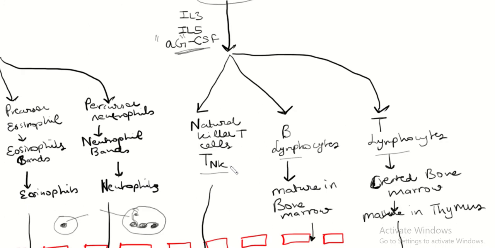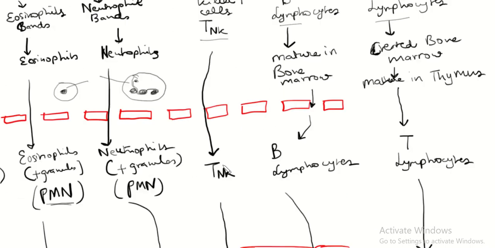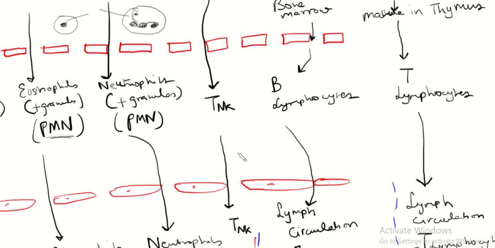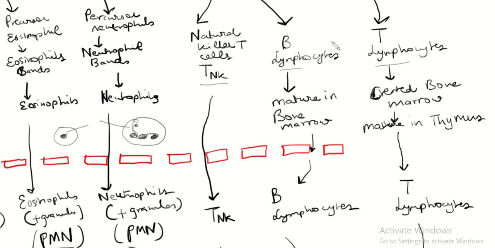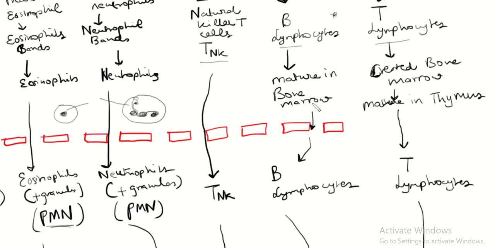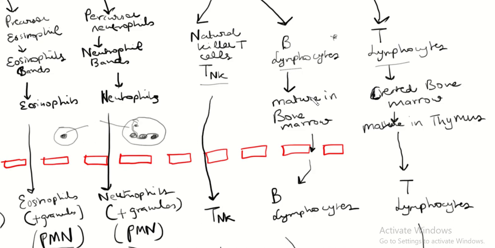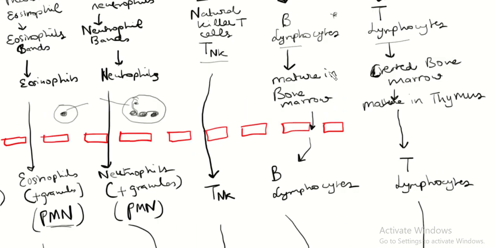You have natural killer cells, which go into blood and go into tissue. You have the B lymphocytes. They mature in the bone marrow. And by maturation, what the immune system wants to do is make sure that they have the right receptors and that they are not immunogenic towards self.